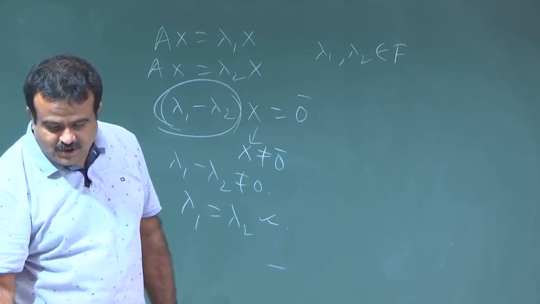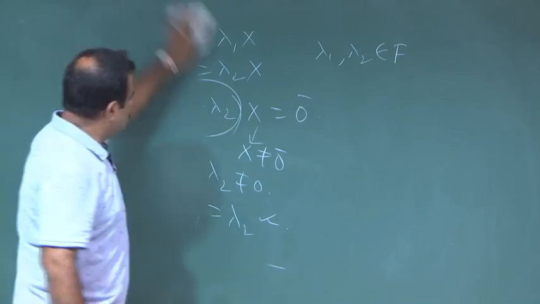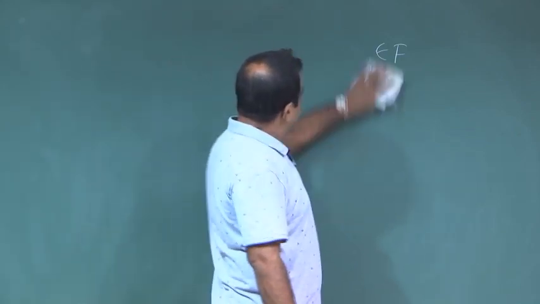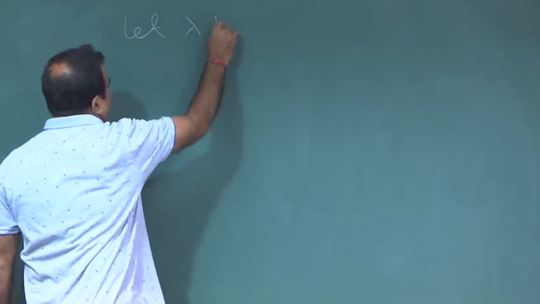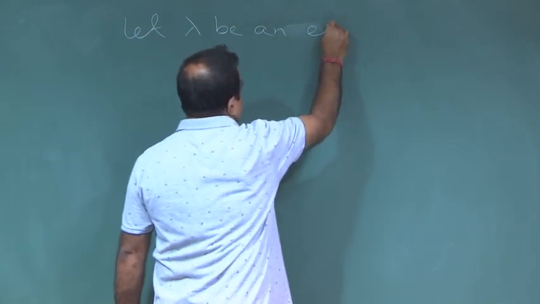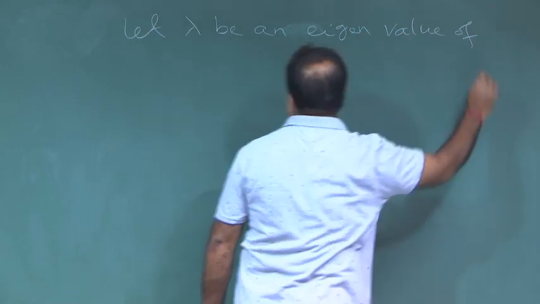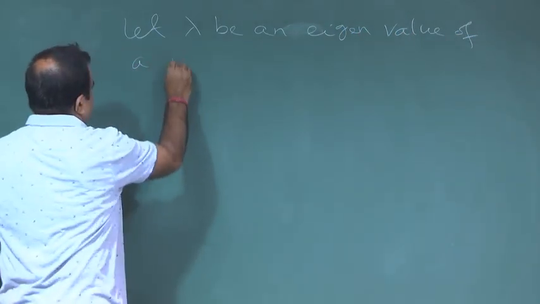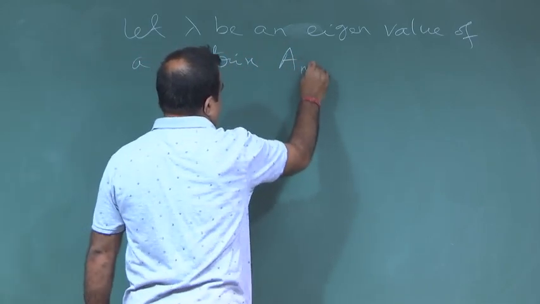This is one observation, but the other way around, suppose we are given an eigenvalue, then how many eigenvectors are there? Let lambda be an eigenvalue of a matrix A, which is an n by n matrix.